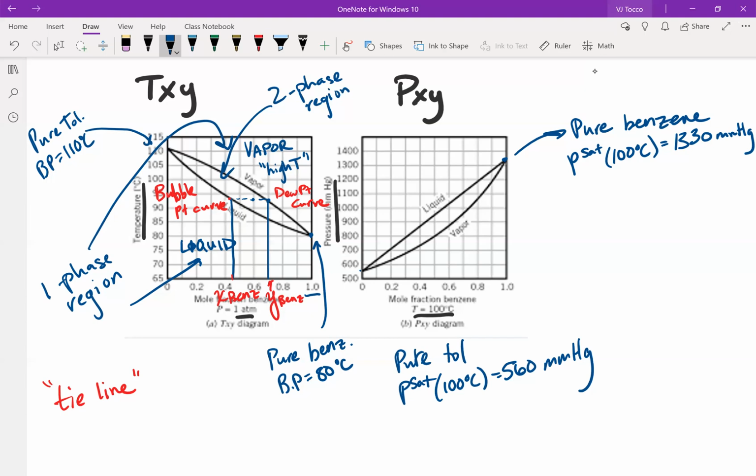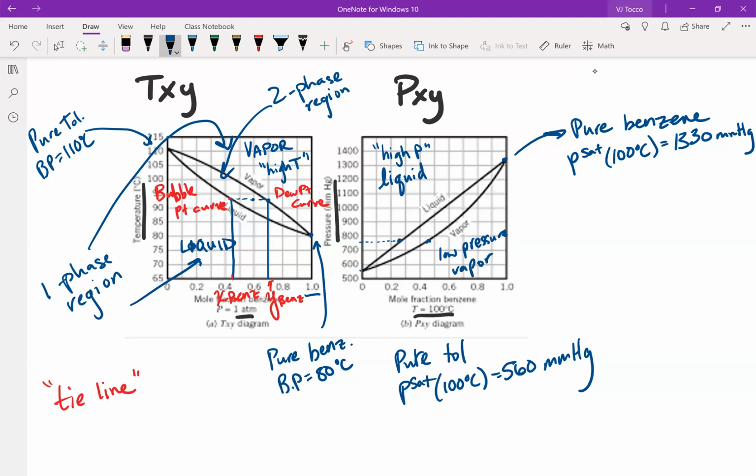So on my Pxy diagram, if I look at 1 atmosphere, which is 760, and I draw in my lines like this. Also, for the Pxy diagram, it's flipped in terms of which one's vapor and which one's liquid. Again, don't memorize that. Just remember that at high pressure, you're more likely to be a liquid. And at low pressure, you're more likely to be a vapor.